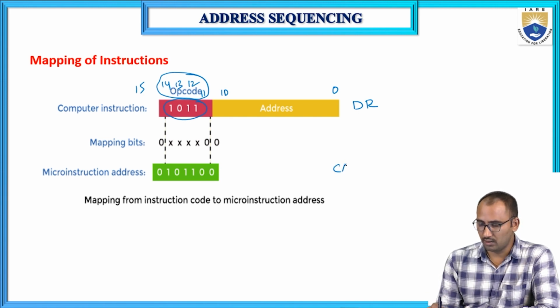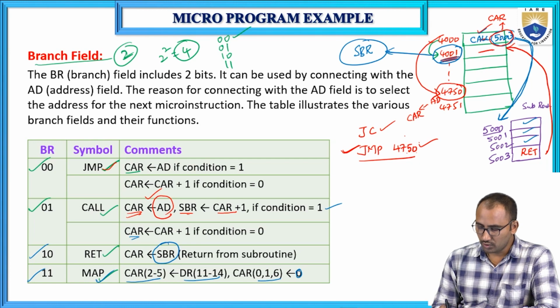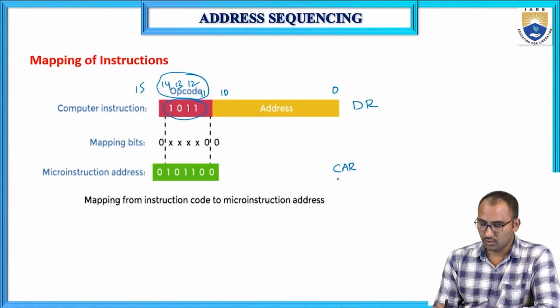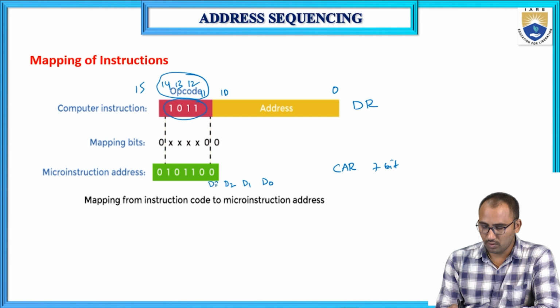Next, this is CAR. Okay. So 0 will be loaded to CAR of 0, 1, 6. The CAR is a 7-bit register. So if you represent the bits D0, D1, D2, D3, D4, D5, D6.